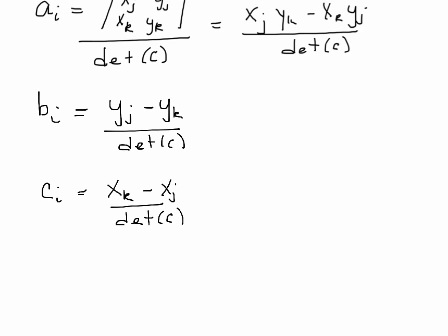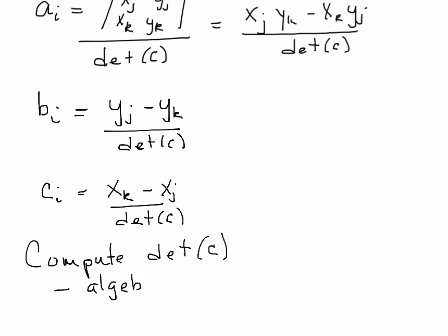So now we need to compute the determinant of C. And I'm sure that you're thinking to yourself, yes, we'll just do that algebraically using standard algebra techniques. But I want you to also think about it in terms of a geometric solution.